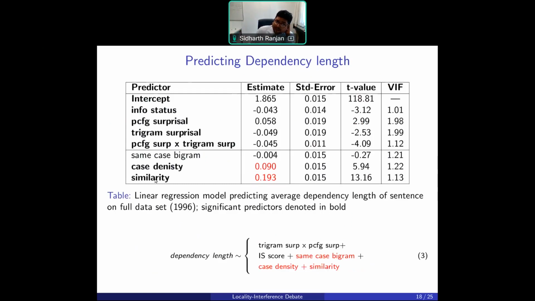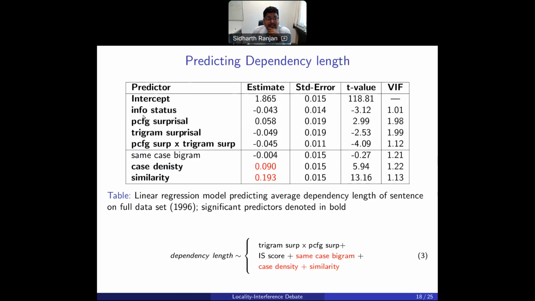So here the similarity and case density, both these metrics have a positive regression coefficient. That means sentences that have longer dependency length tend to have more case markers, and they also have semantically similar preverbal dependents, thereby causing more interference in those sentences.